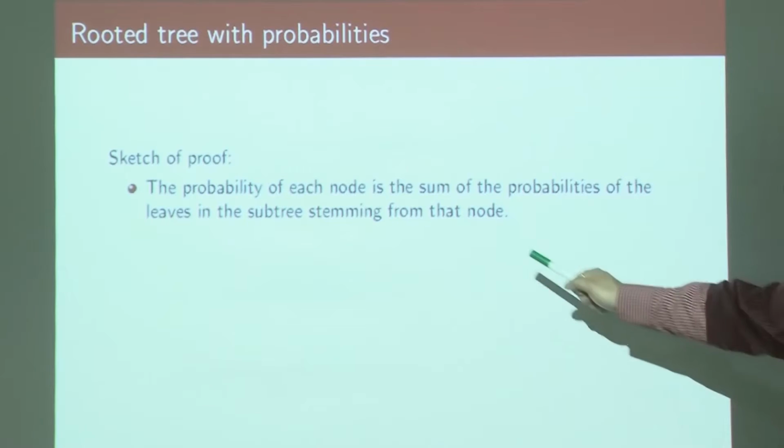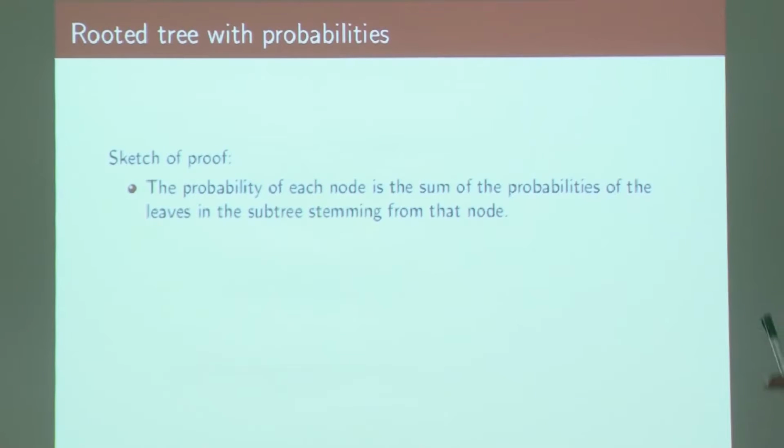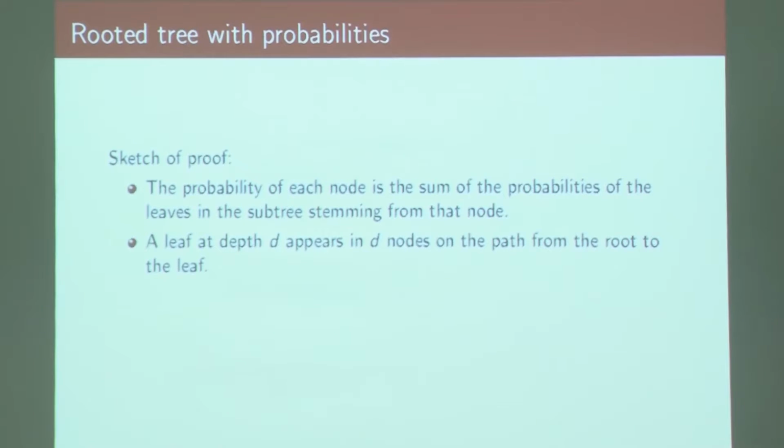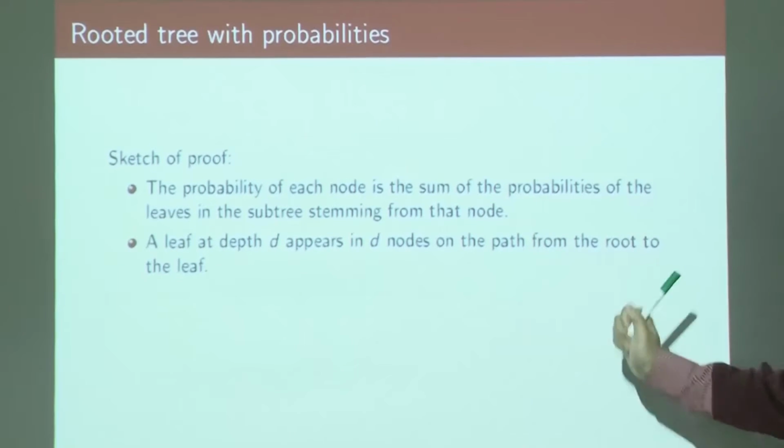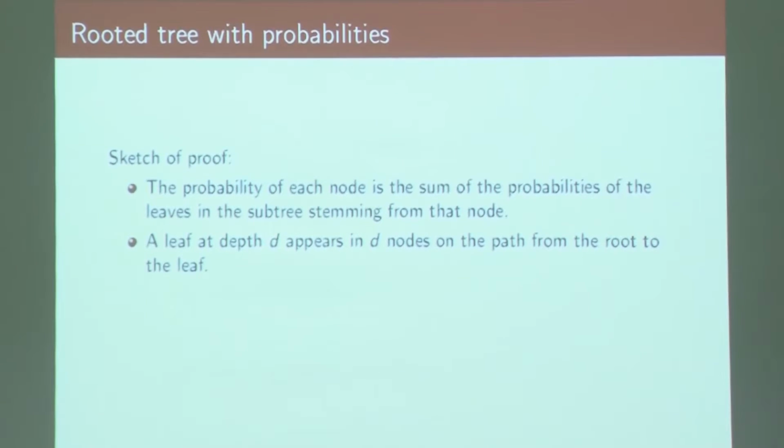So probability of each node is the sum of probabilities of the leaves in the subtree stemming from that particular node. Okay. A leaf at depth d appears in d nodes on the path from root to the leaf.